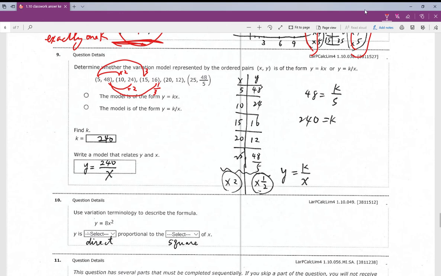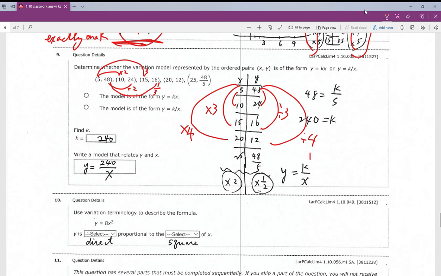Times 2 divided by 2, times 3 divided by 3, times 4 divided by 4. In this case, it will be an inverse variation.